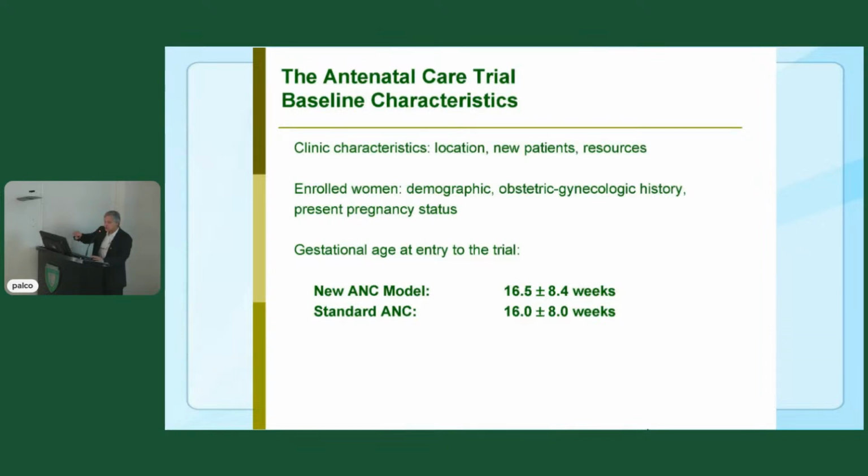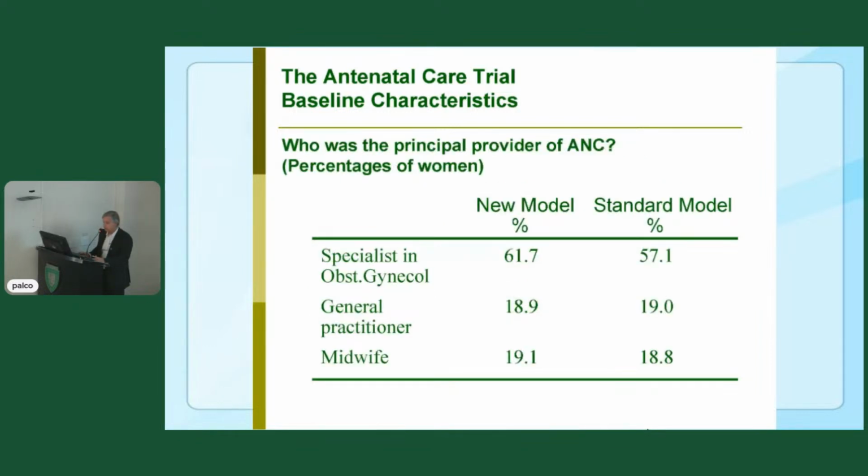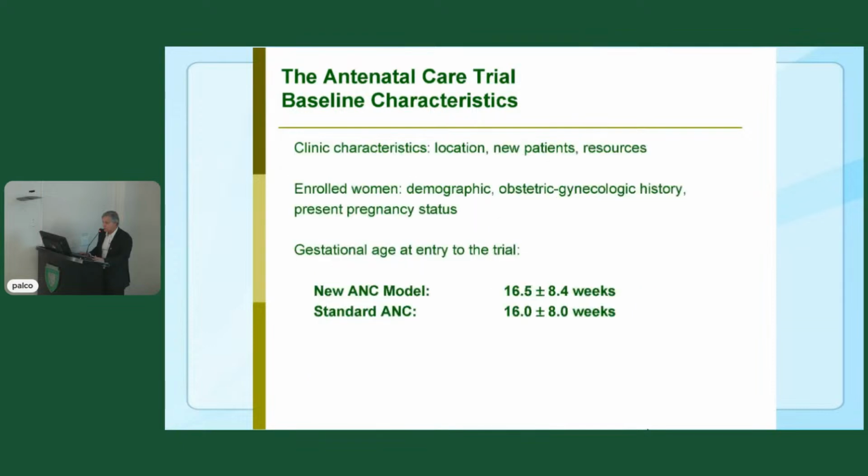So the gestational age was 16.5 for the new ANC model and 16 for the standard ANC. This is how many, what do you call it? How many months you have? Weeks, sorry.